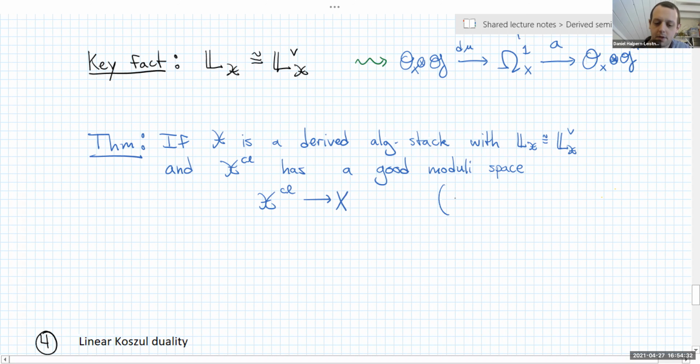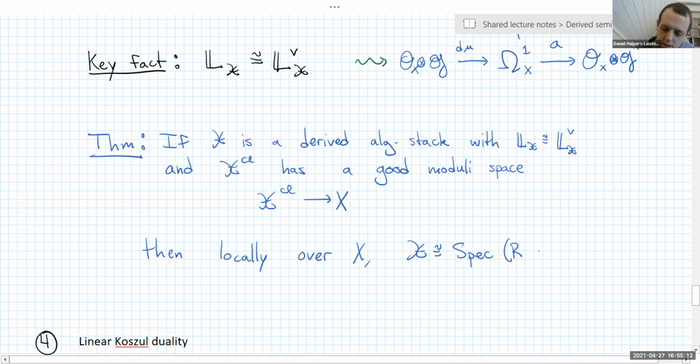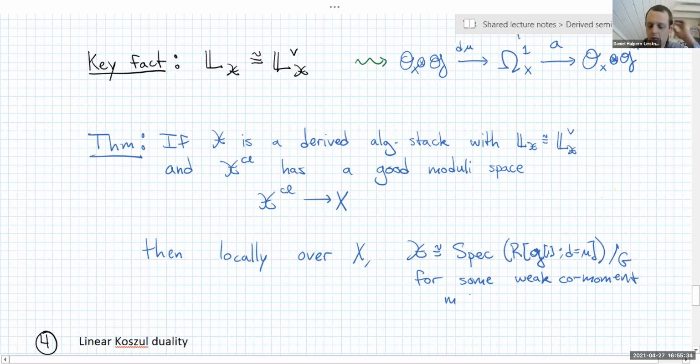So this is like locally, well, then I can actually just state the theorem. Then locally over the moduli space, X is isomorphic to a local model.